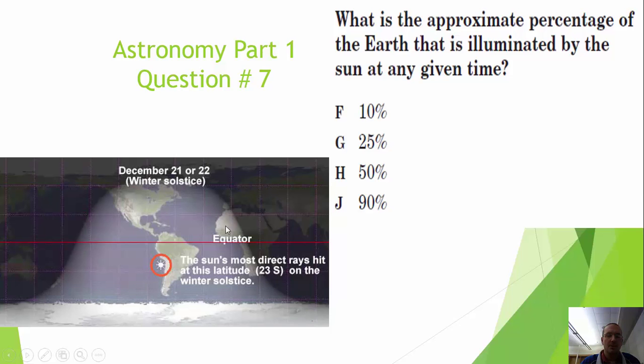Right now, looking at this picture, it would appear as though the sun is directly hitting at this point right here, which means that these areas in the back are not being hit by the sun, and these are nighttime. Our rotation of the Earth actually causes night and day, and as we're rotating, only 50% of the Earth is going to be illuminated by the sun.